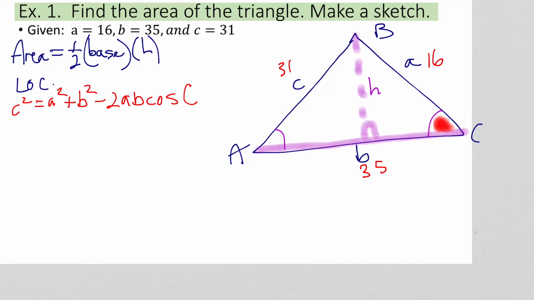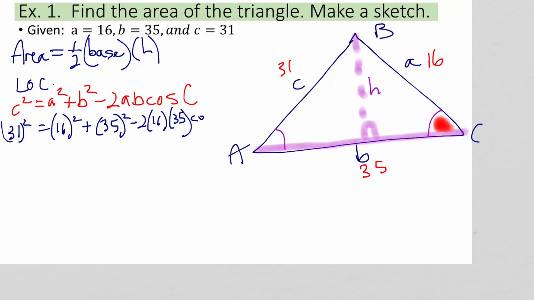So I've got side C squared, side A squared, side B squared, minus 2AB cosine of the unknown angle C, which I'm going to solve for.